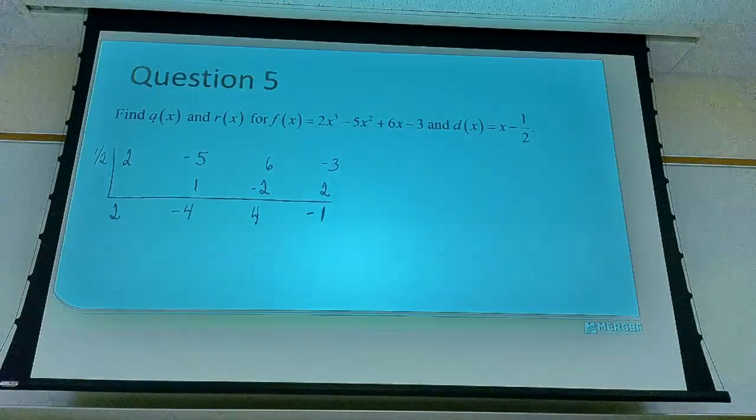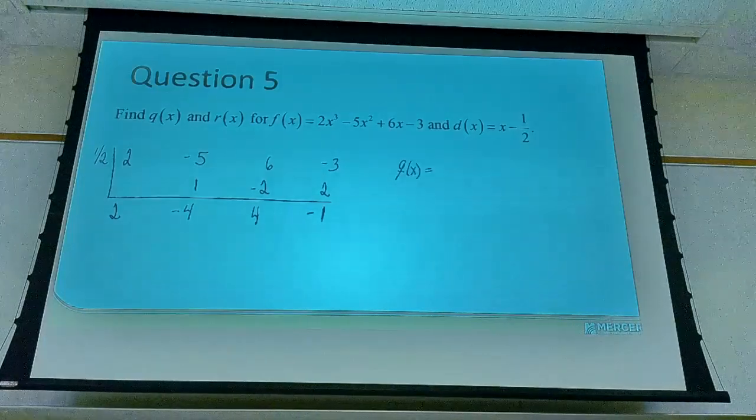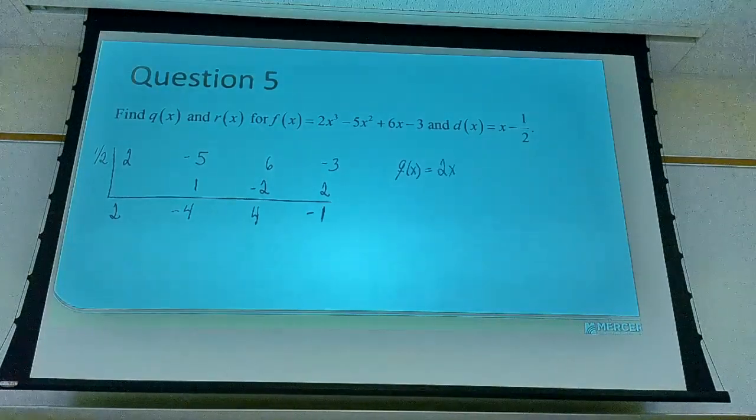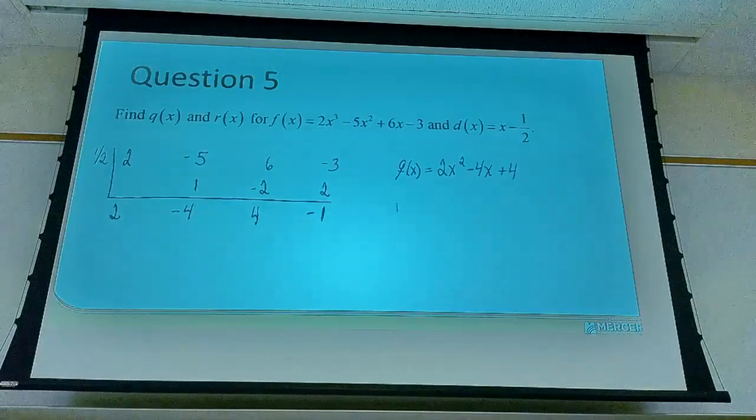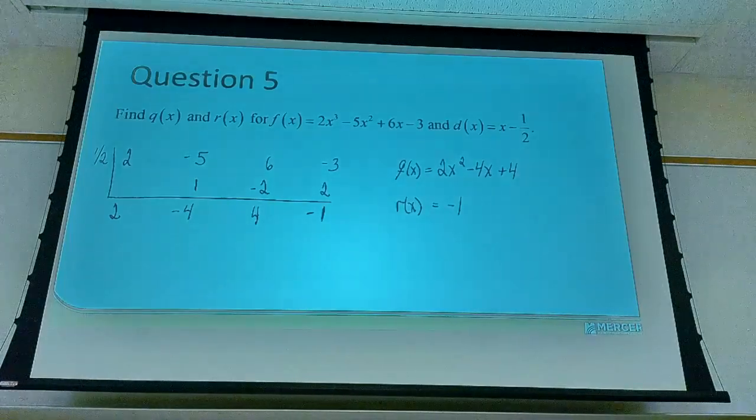What is the degree of the quotient? 2. Quotient 2x squared minus 4x plus 4. Remainder is -1.